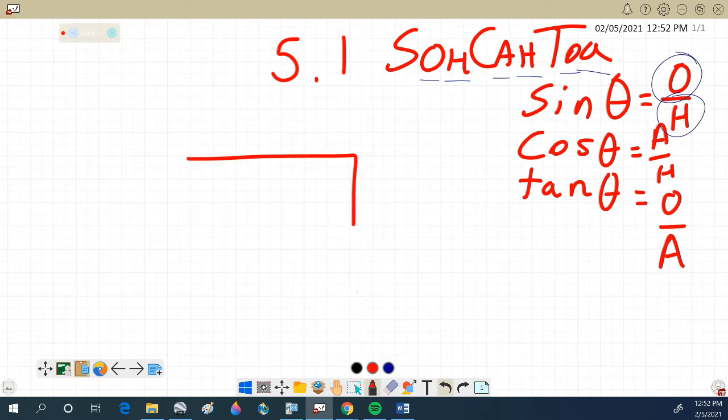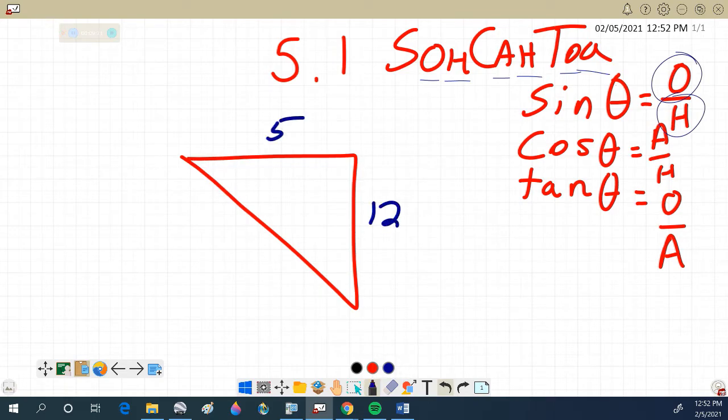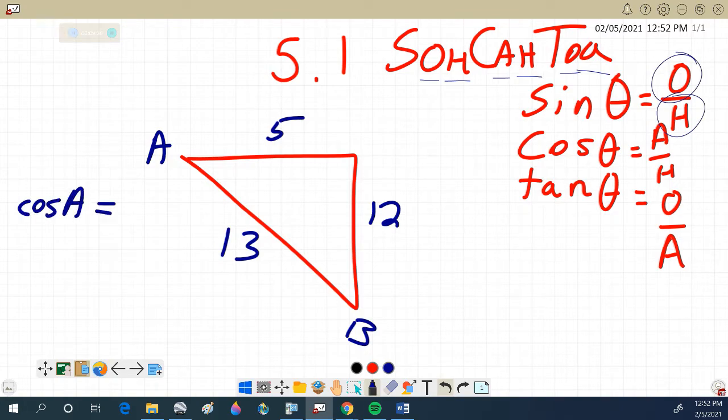All right, so let's do 5, 12, and 13. Let's call this A, and let's call this B. What would the cosine of A equal?